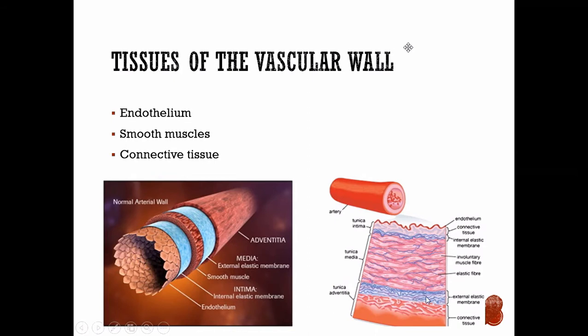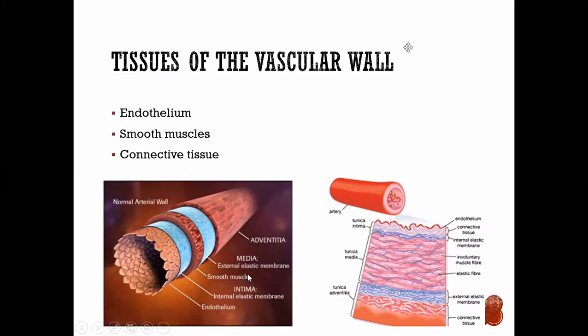And you also have here what you call the external elastic membrane, or external elastic lamina. You have here the internal elastic lamina or membrane. So the endothelium is part of the intima, and then the media, external elastic membrane with the smooth muscles, and then the adventitia, normal arterial wall.